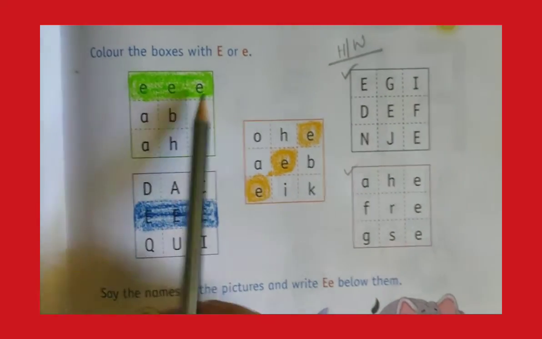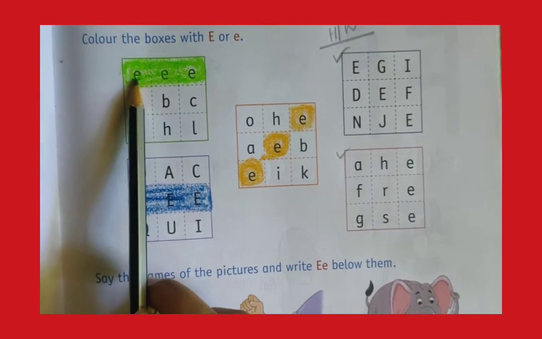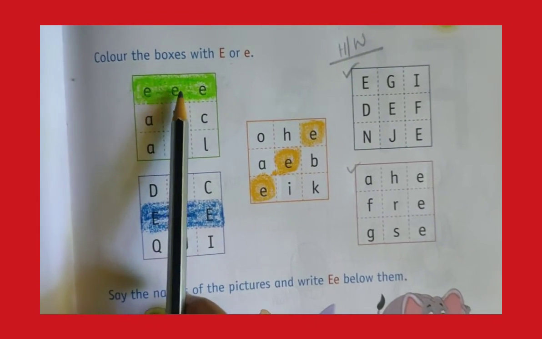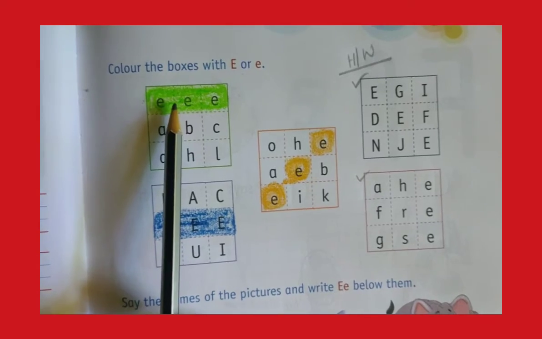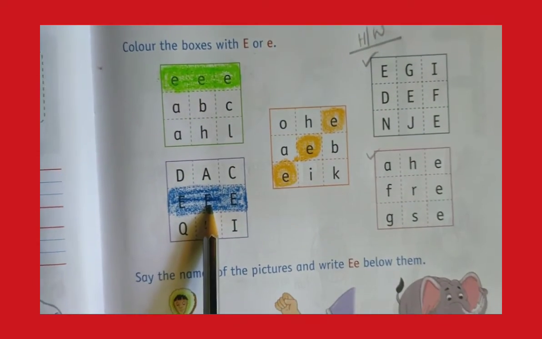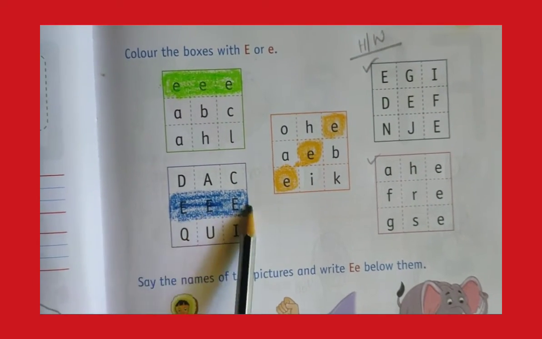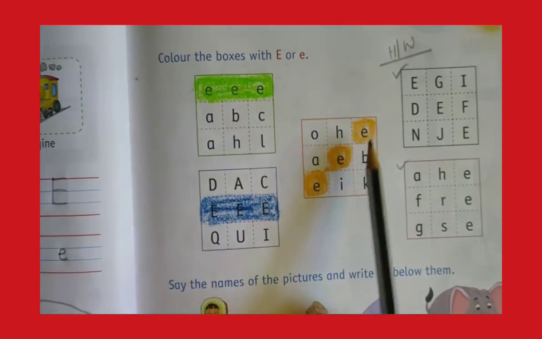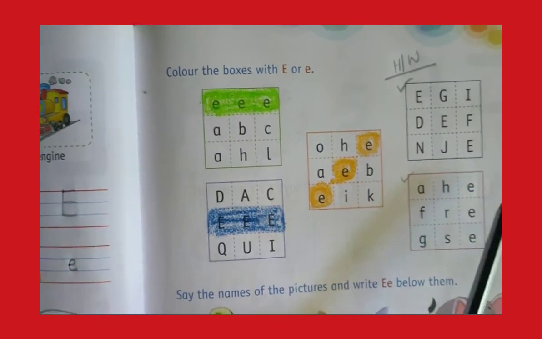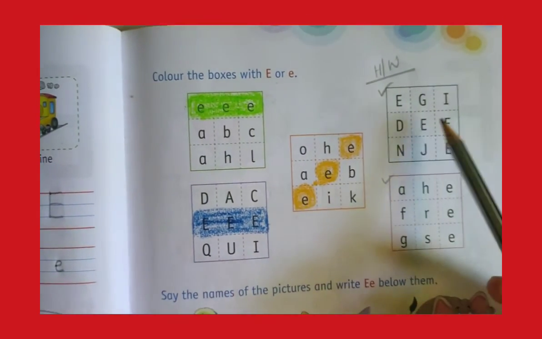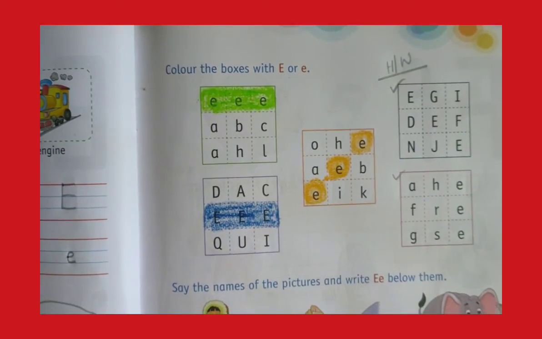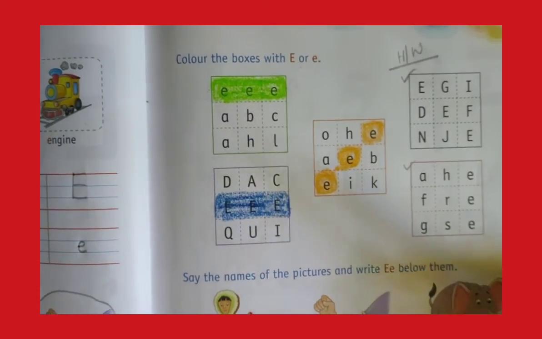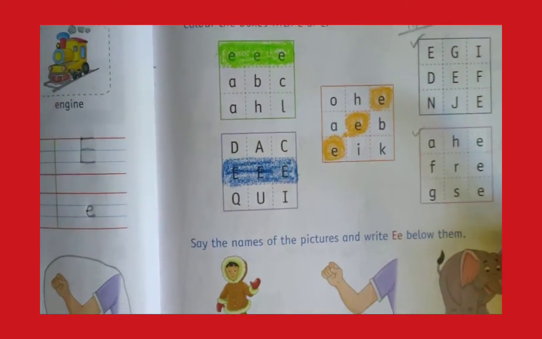Here you can see, I have colored the boxes with E or e. Okay. Next, in this box capital E is there, so color the boxes. Next, small e's are there. I have already colored the boxes. Next, these two boxes are marked for you. Okay, you have to do it in your book.